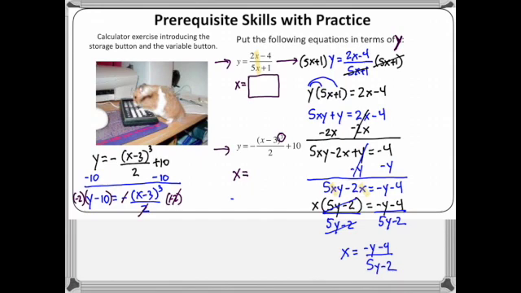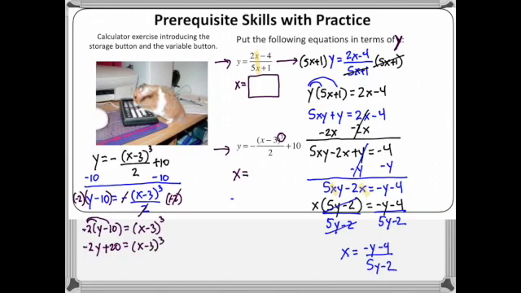And so I'm going to get negative 2 times y minus 10 equals x minus 3 raised to the third. And then I'm just going to distribute in. So I'm going to get negative 2y and then plus 20 equals x minus 3 to the third.